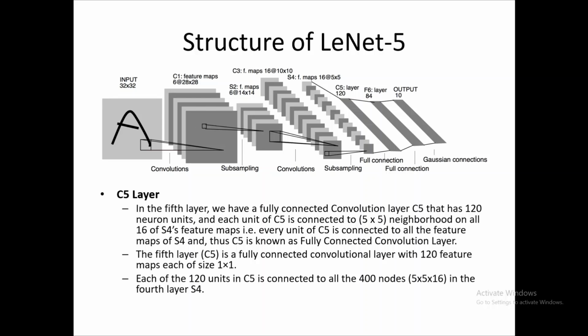Each of the 120 units in C5 is connected to all 400 nodes, which is 5 by 5 by 16, in the fourth layer S4.